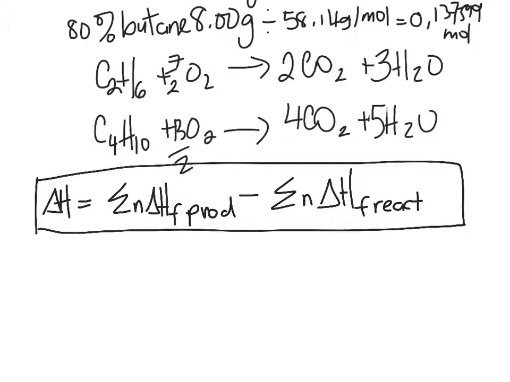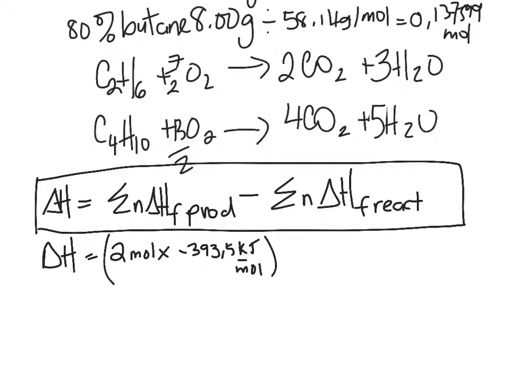So we need, for ethane, 2 moles times the molar enthalpy of formation of CO2, which is negative 393.5, plus 3 times the molar enthalpy of formation of water.